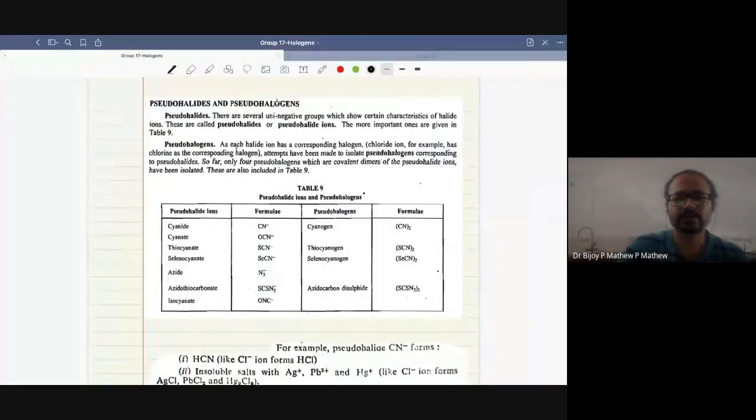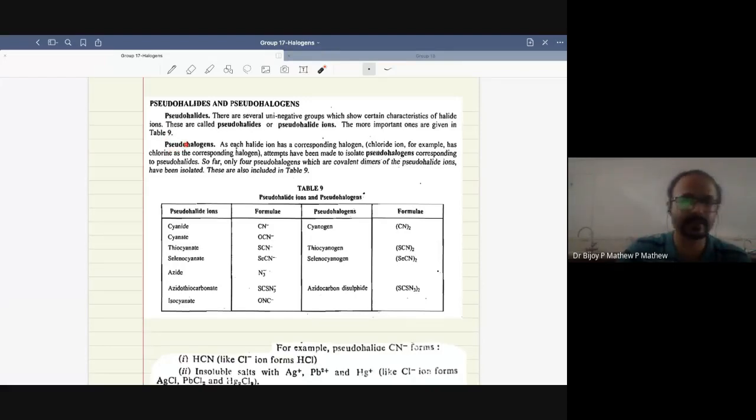So when we talk about the pseudo halogen, the thing that comes into your mind whenever you come across the term pseudo is that it is like a mistake.